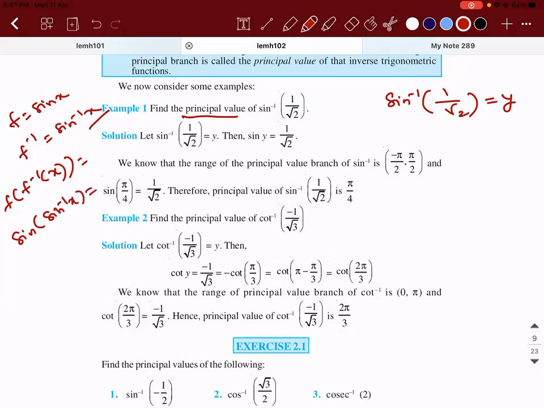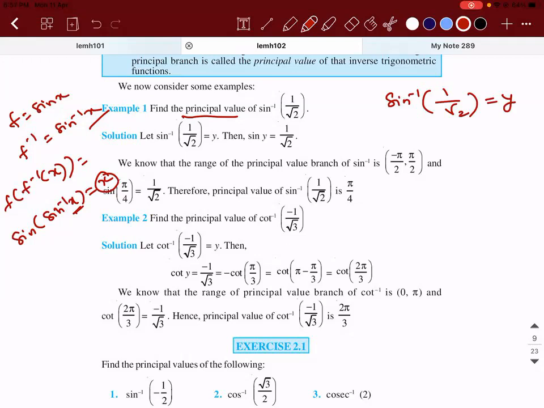I told you right in the beginning, if a function is an inverse of another, then the composition of both will generate a value of x. So sine of sine inverse x is x. It is not because sine and sine inverse are getting cancelled. It gives you an identity function. What does this x value belong to? Value, because the x is coming from sine inverse. Sine inverse, what will you substitute? Value.